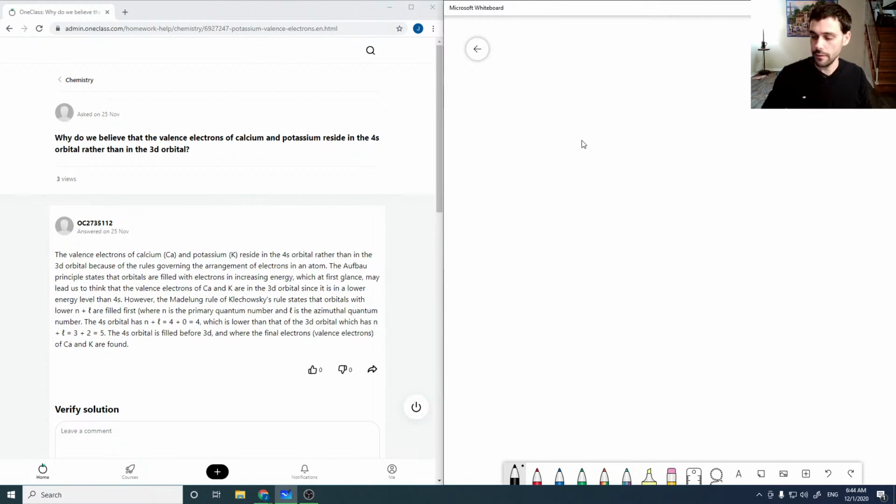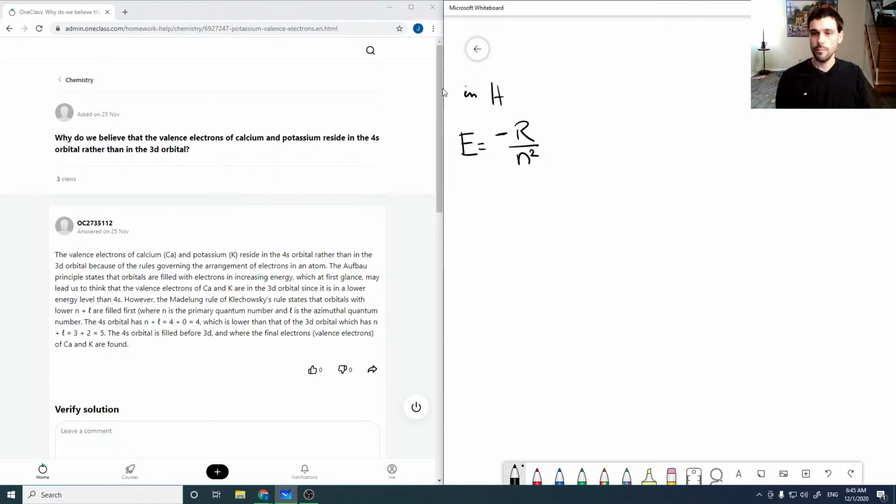So why do we believe that the valence electrons of calcium and potassium reside in the 4s orbital rather than in the 3d orbital? So just as a reminder here, for H, our energy levels are given by minus R over n squared.